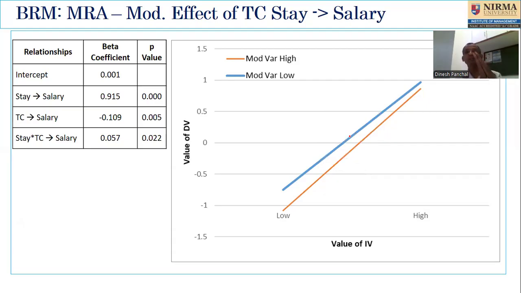When the moderating variable increases from low to high, what happens to the slope? You see the slope has changed. The slope has increased. That means the effect has amplified. Now, when the moderating variable is high, the effect of the independent variable onto the dependent variable is increasing at a higher rate. The slope is higher. That's what we call the amplifying effect.